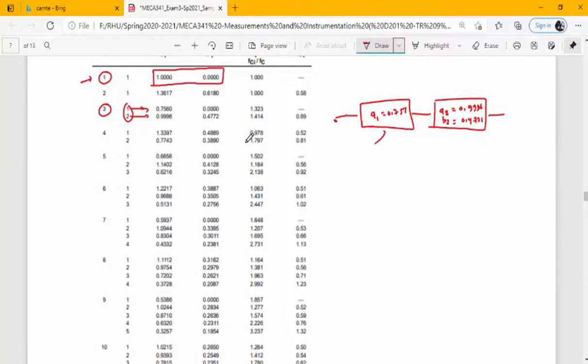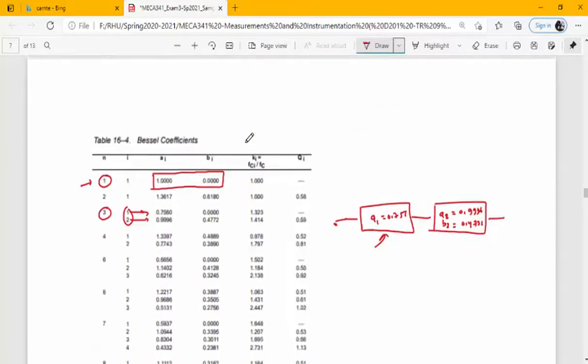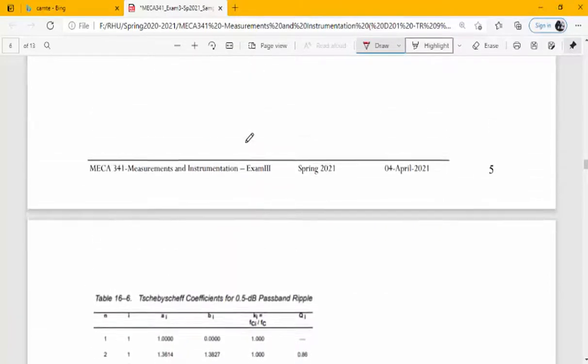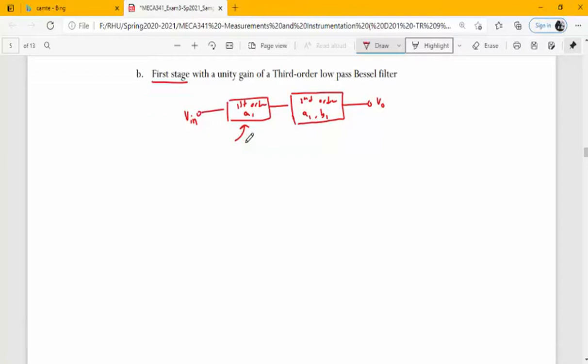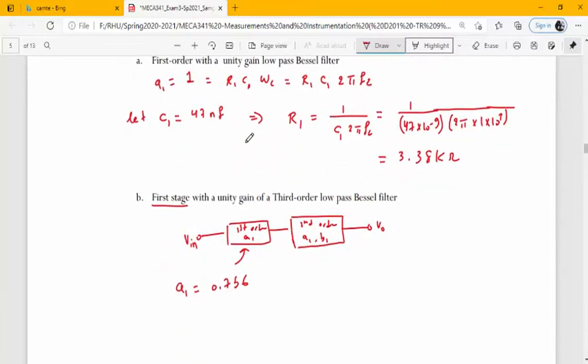Now we are only asked for the first one. So A1 is given by 0.756.